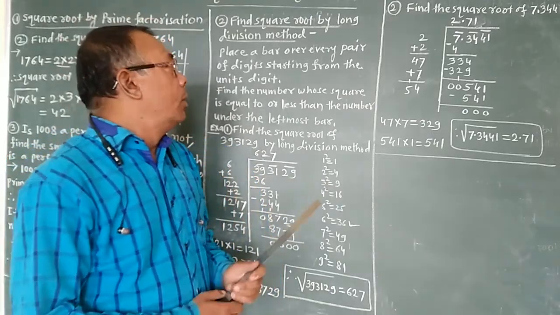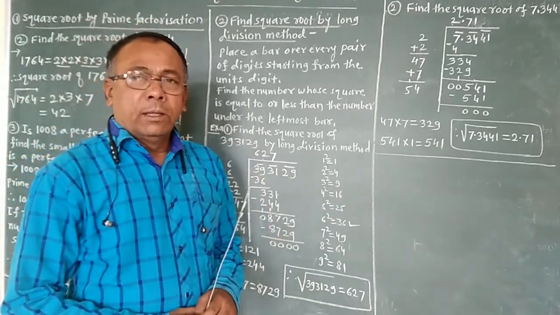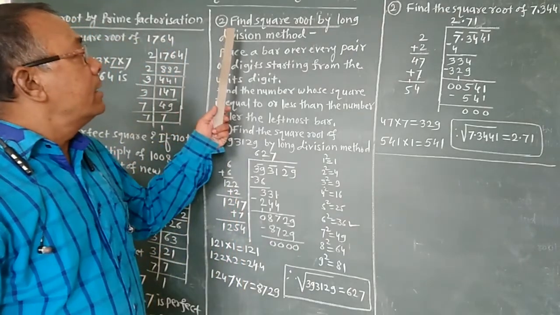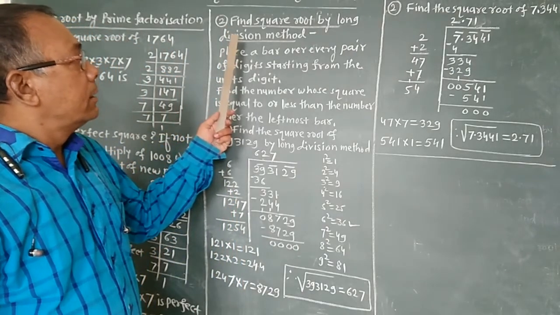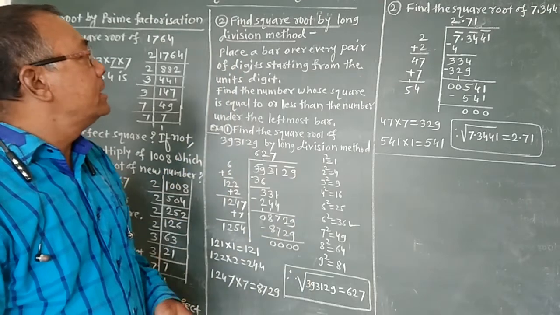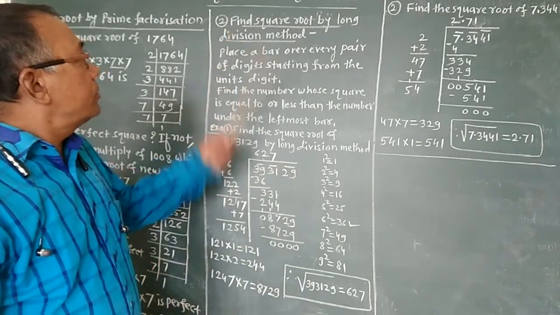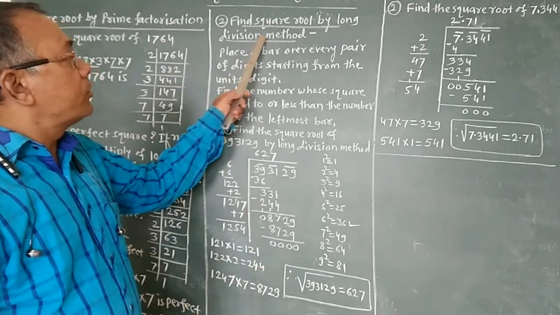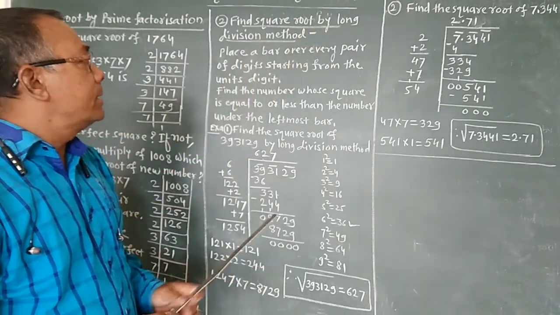Now we have to see one more method, which is known as the long division method of finding the square root. So, find square root by long division method.